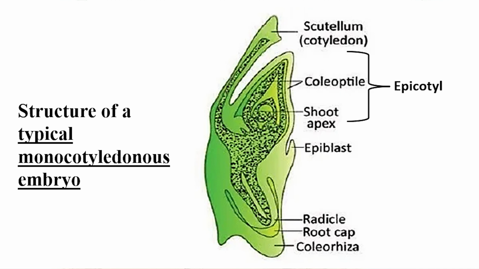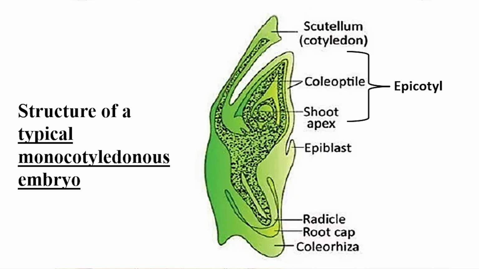So the part which goes towards the earth is called the coleorhiza, and the foliar structure which goes above the scutellum is called the coleoptile. The coleoptile grows towards the top and the coleorhiza grows towards the bottom.